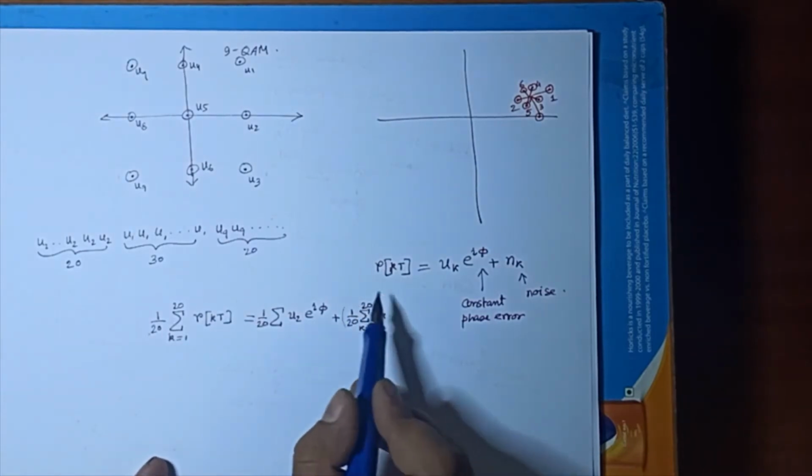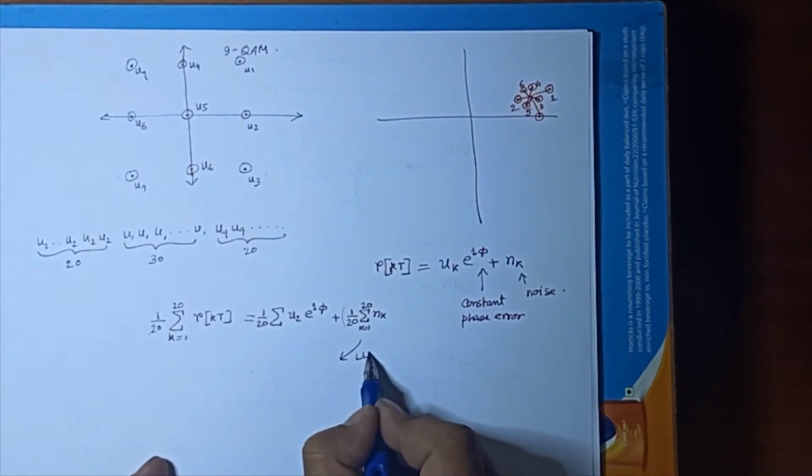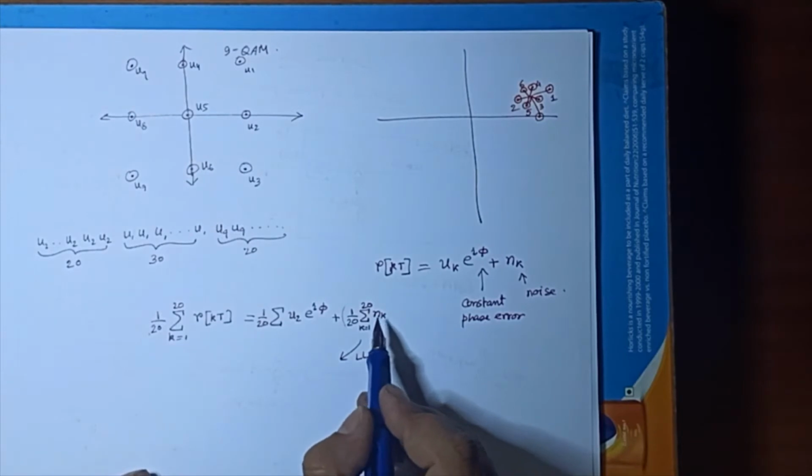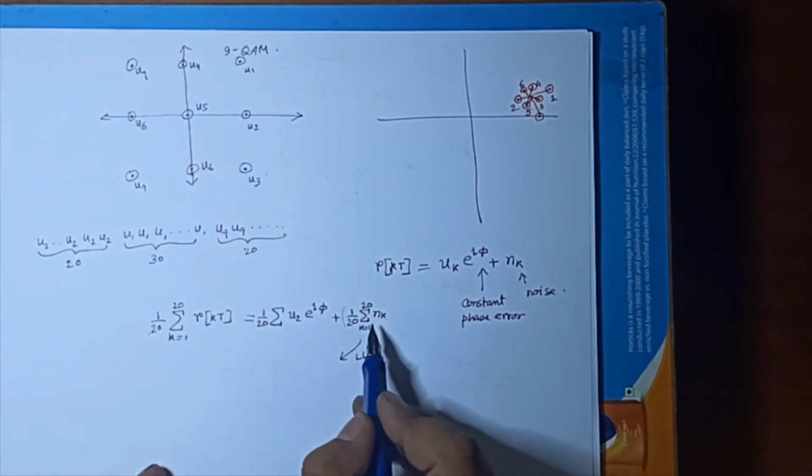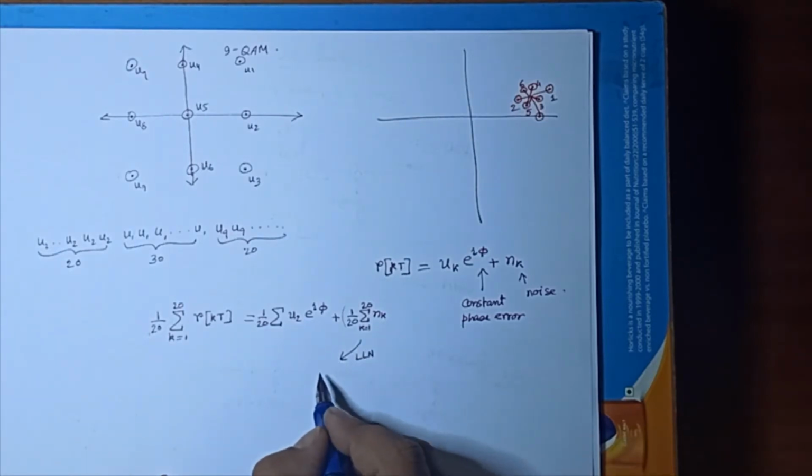Here you can apply the law of large numbers. You are averaging out a zero mean Gaussian random variable, or complex random variable, so it will give you 0 plus j0.